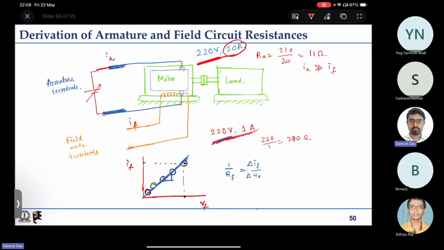But in the armature winding, whatever voltage is required, a significant amount of that actually goes to oppose the back EMF. So for the armature winding, we can never straight away write the rated voltage by rated current equal to the armature winding resistance, right?